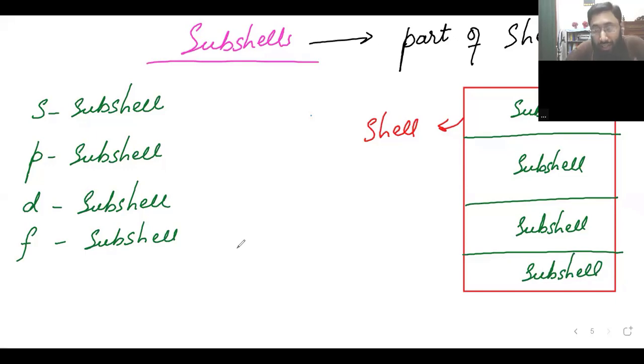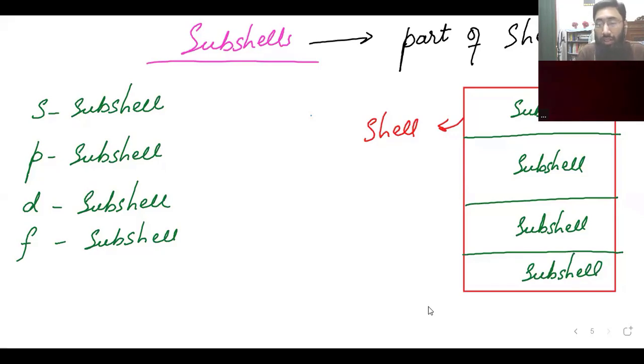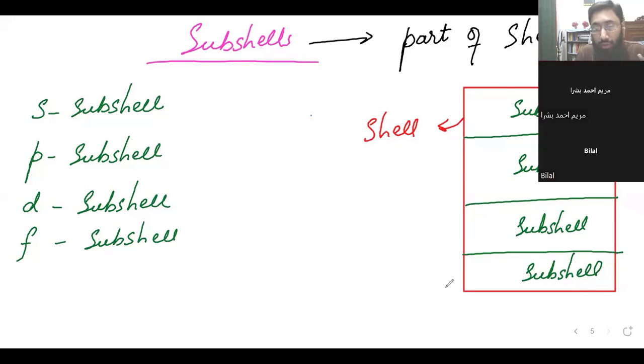But when we directly try to put electrons in a shell, then sometimes we commit mistakes. So the best way is to first put electrons in subshells, then put electrons in shells, and we are going to learn this. One second.